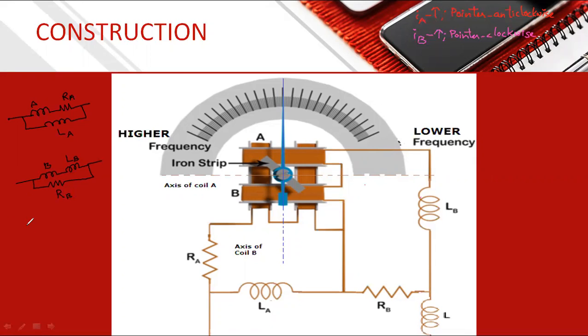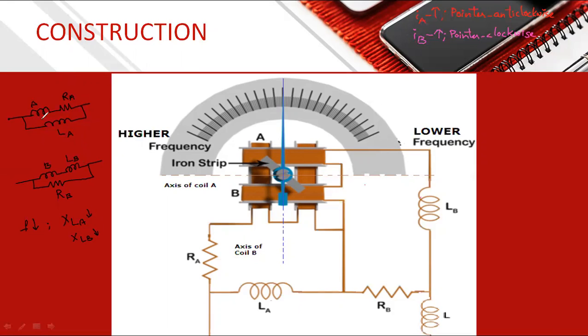Now we have frequencies below the normal frequency. In such a case, the reactance of LA decreases, and the reactance of LB also decreases. The resistances will not change, but because of the low frequencies, the reactances of LA and LB got reduced, and thus the current will now select the low resistance path.